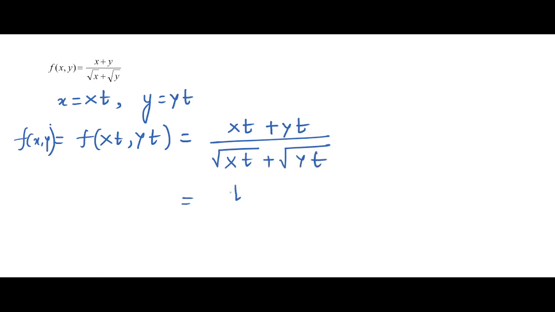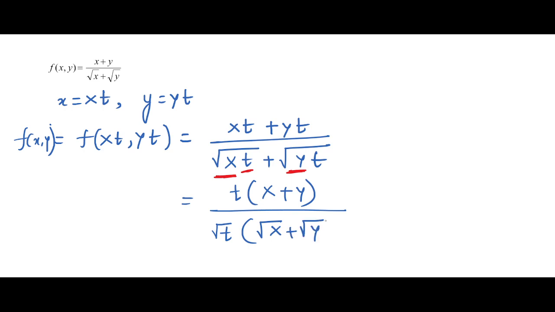From the numerator we can take the t term common, so the remaining will be x plus y. Then from the denominator we can take root t as a common term. So when we are taking root t as a common term, it is left with root x here and here it is root y. That is root x plus root y.